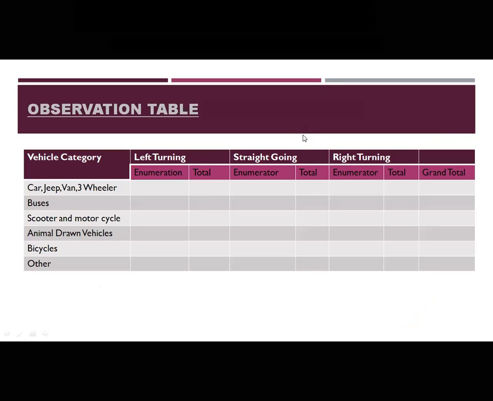This is a sheet which is provided as an observation table, where the enumerator stops at one position and vehicles are moving, so there are columns like left turning, straight going, right turning. When there is a section like this, we have to record from which direction the vehicle is moving.